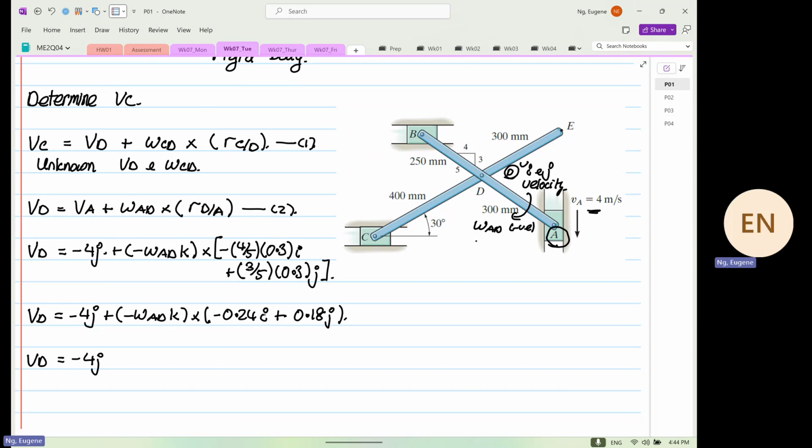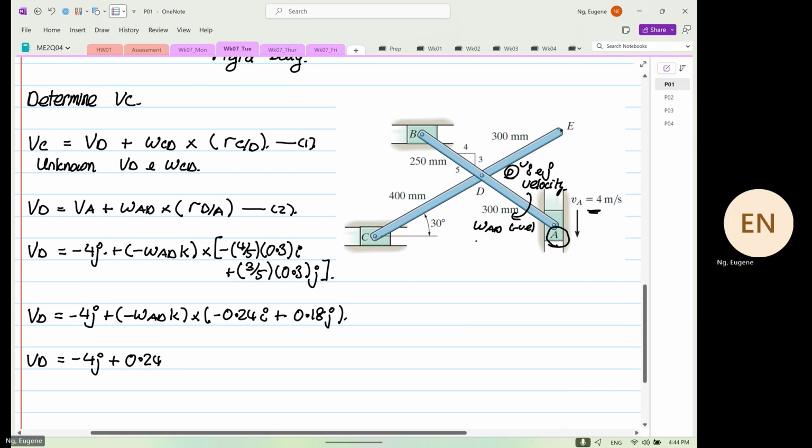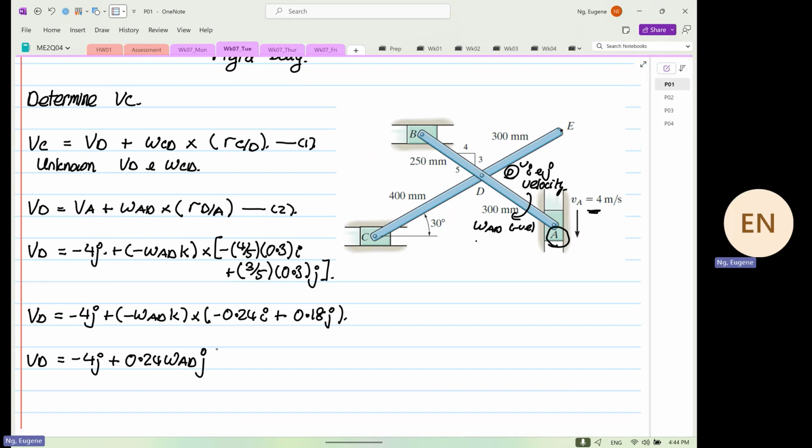K cross I is going to be what? K cross I is positive, so plus 0.24 omega AD, and this will be J. And then K cross J is negative, negative and negative will become positive, 0.18 omega AD I. Okay.